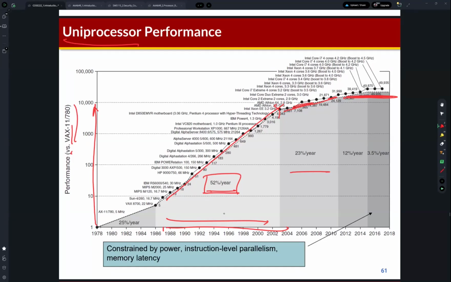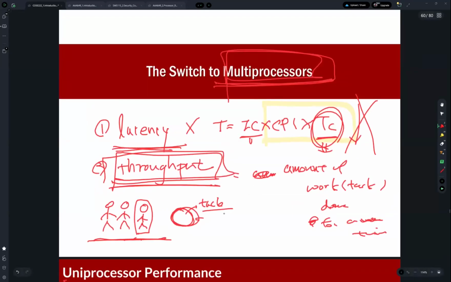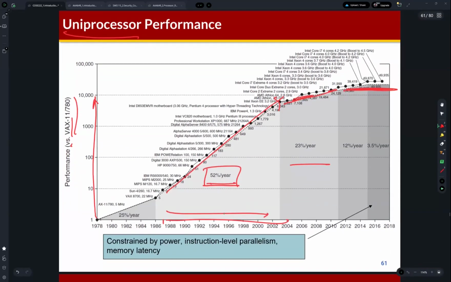Okay, so it means that for a single task, it's not easy to reduce the latency. The performance is saturated, but we want to build higher performance computer systems.